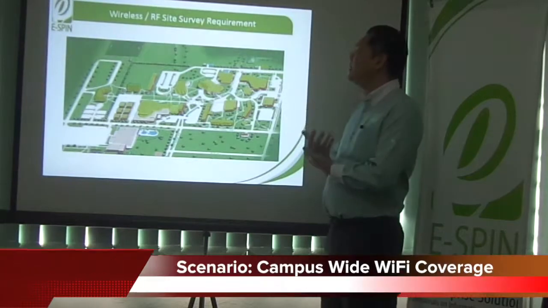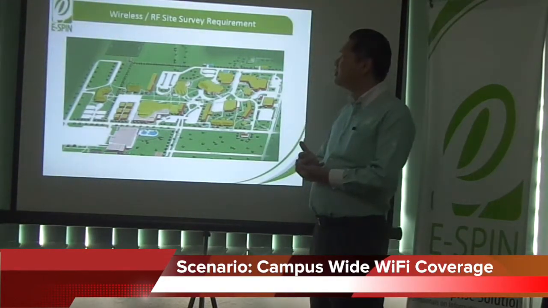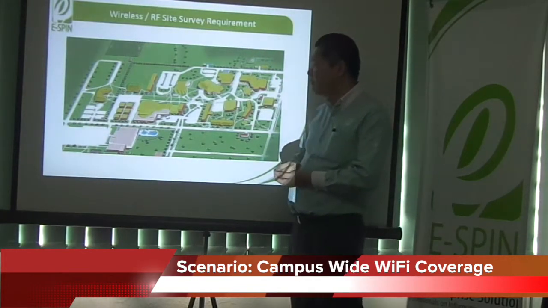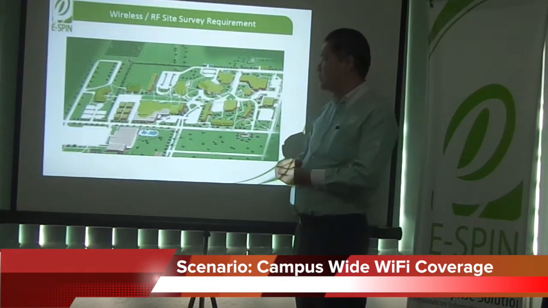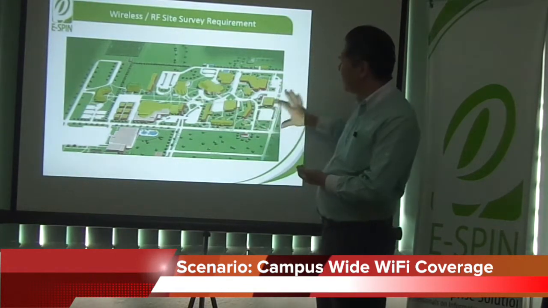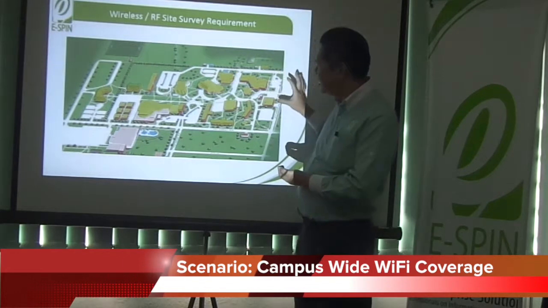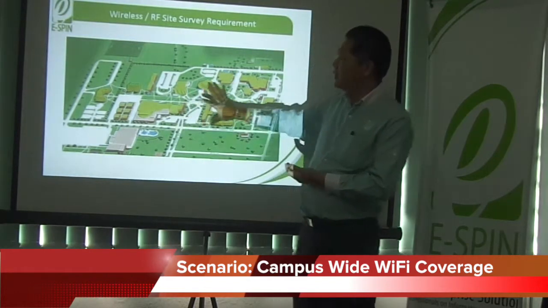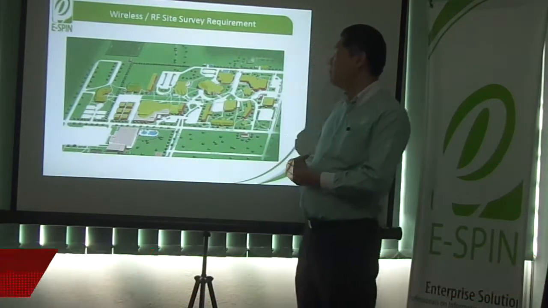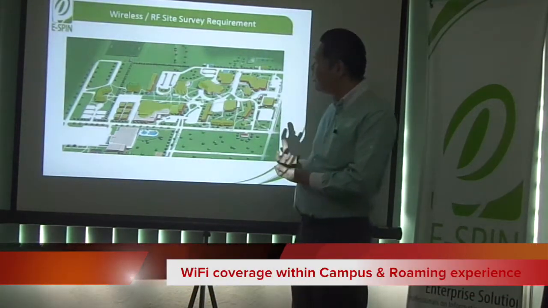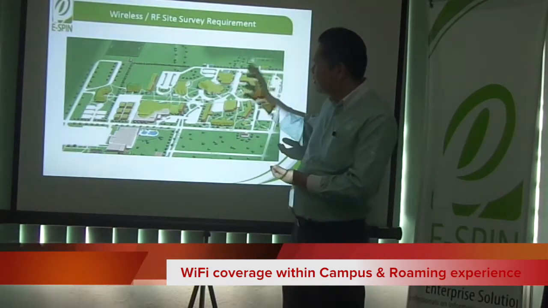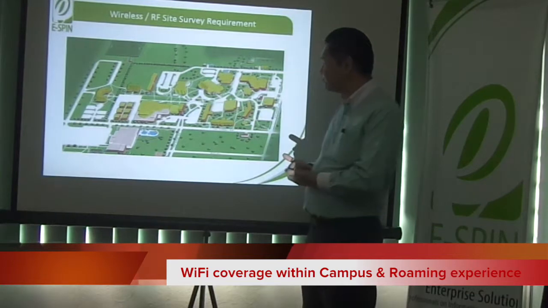Another typical case for the Wi-Fi site survey, or we call it radio frequency site survey, is quite common for the open campus network, because it is empowered by wireless coverage for all the students and the facility staff and so on. Is the wireless coverage between all the facilities in those places adequate enough, right?